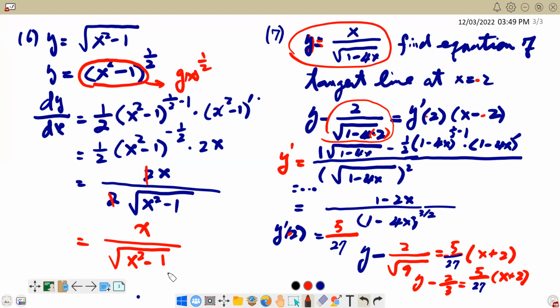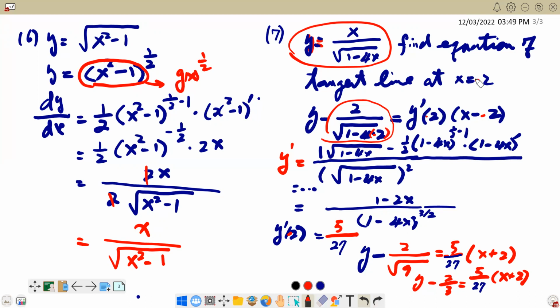Now the last example, where we want to find the equation of a tangent line. Suppose we have the function y equals x over the square root of 1 minus 4x. We want to find the equation of the tangent line at x equals negative 2. So by the formula, you will say y minus y1 equals m times x minus x1.